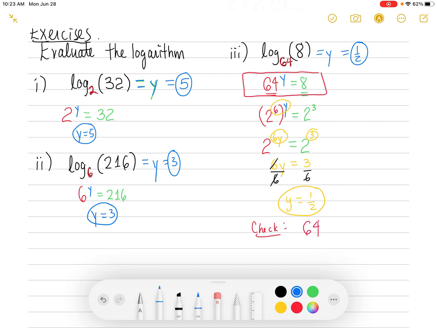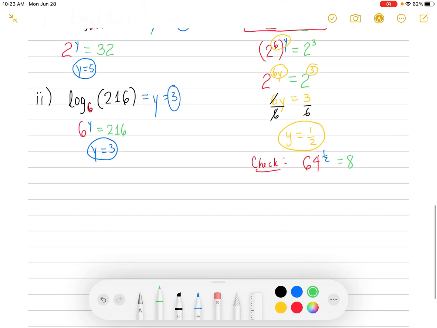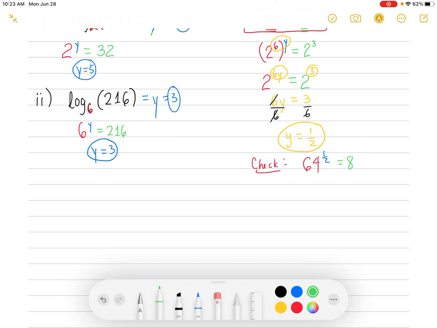Now let's actually think about that. Let's actually check this one. If I go back to my second line here where I'm putting a box around, that means 64 to the 1/2 power equals 8. Is that true? Well, what does it mean to raise 64 to the 1/2 power? You have a fractional exponent. So remember, you take the bottom of the fractional exponent, which is 2. That's going to be your root. It's going to be a square root of 64.